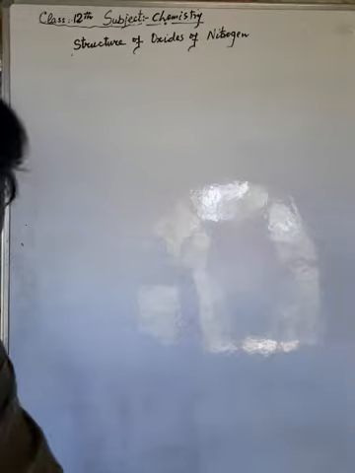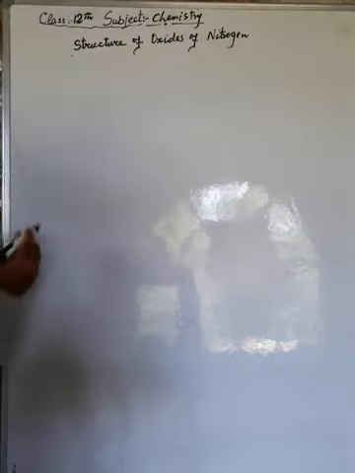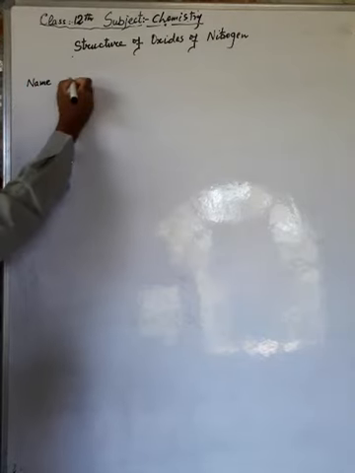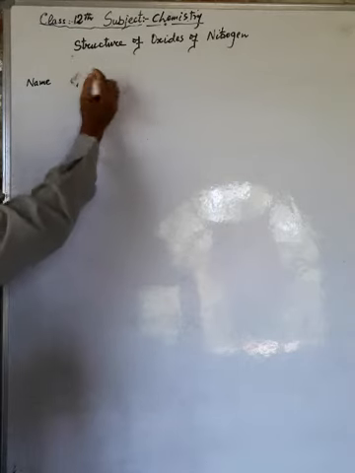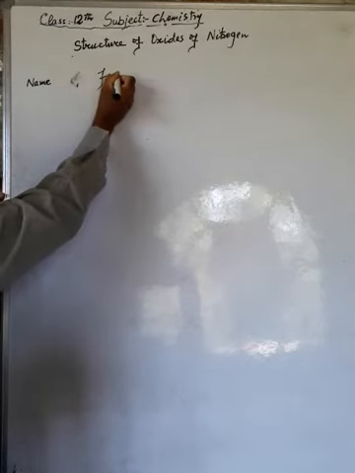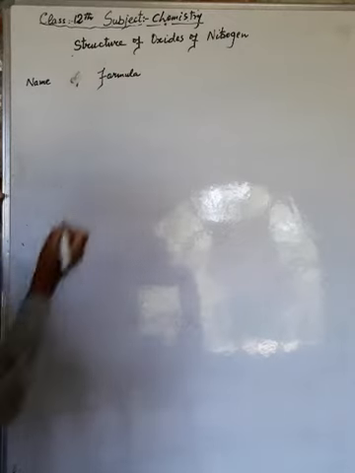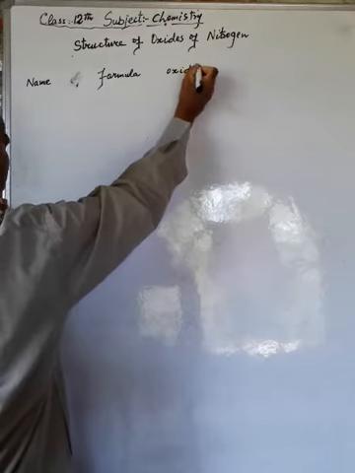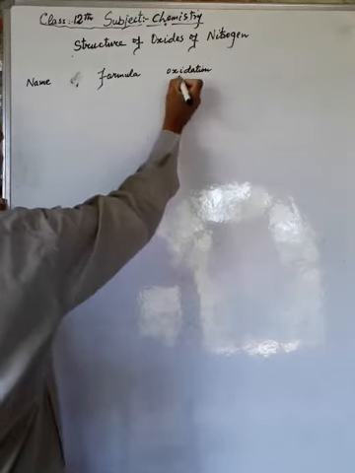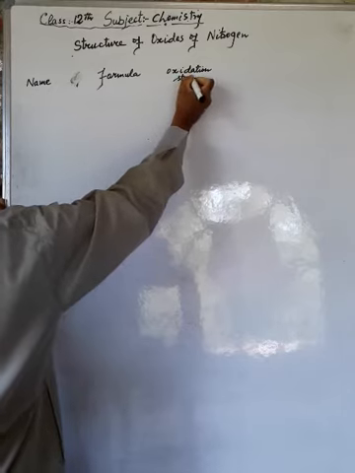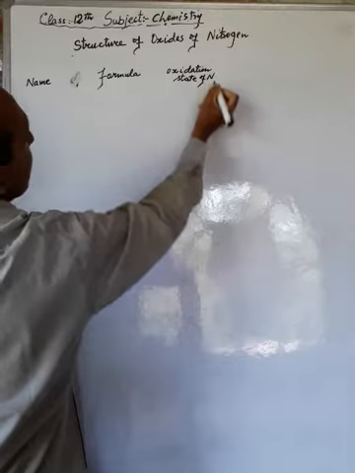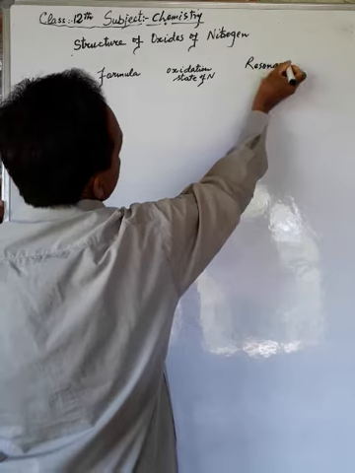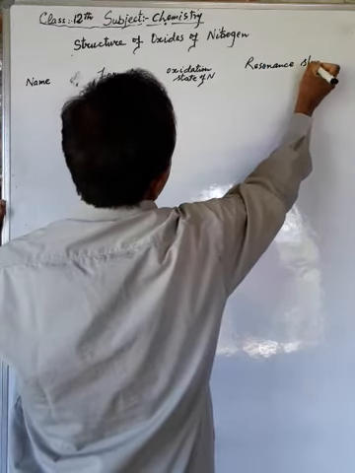So we will write name, formula, oxidation state of nitrogen, resonance structure.